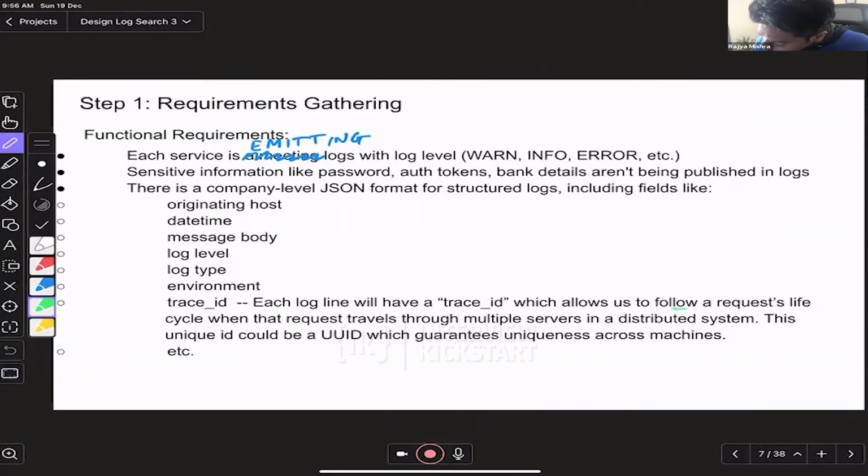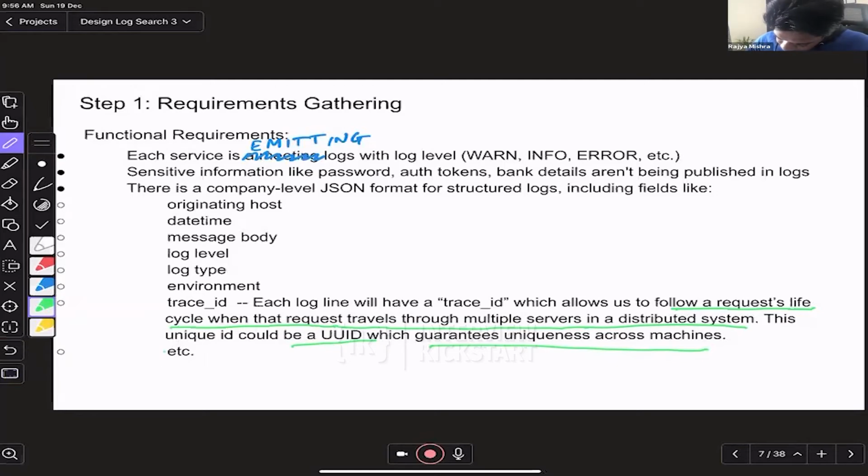It allows us to follow a request life cycle when that request travels through multiple service servers in a distributed system. And this unique ID could be a UUID, which guarantees uniqueness across machines.